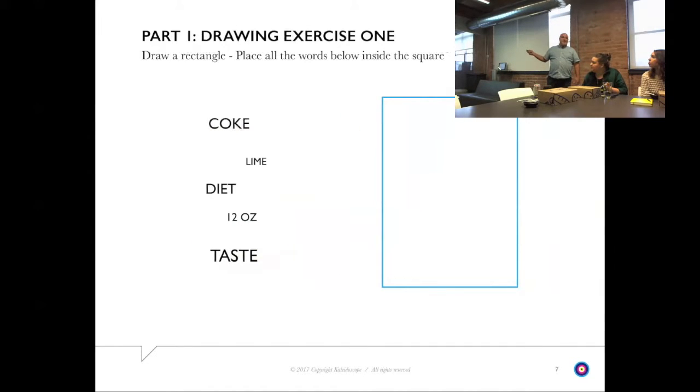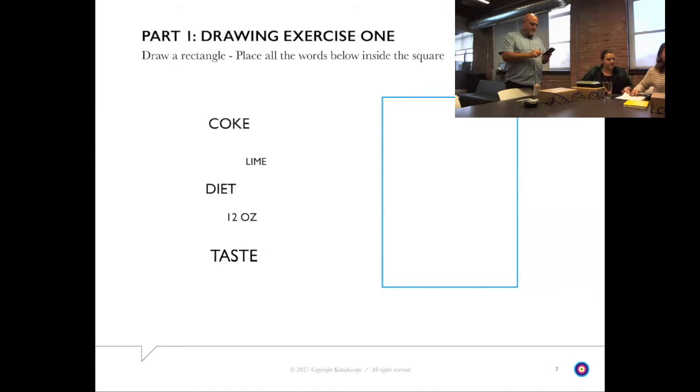So this is drawing exercise 1. I want everybody to get a piece of paper, and we're going to do a 1-minute quick sketch. We have to place all the words inside of this square. I'm going to time us so we don't waste the day away doing something silly.